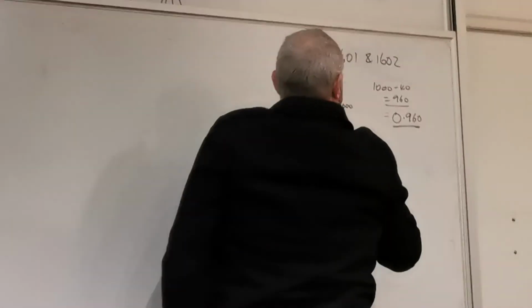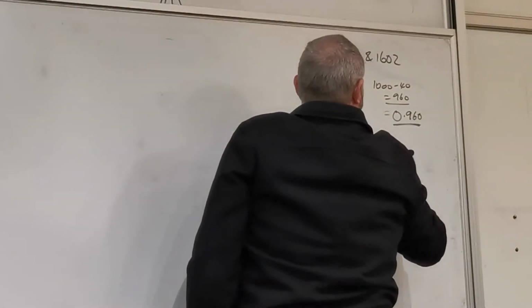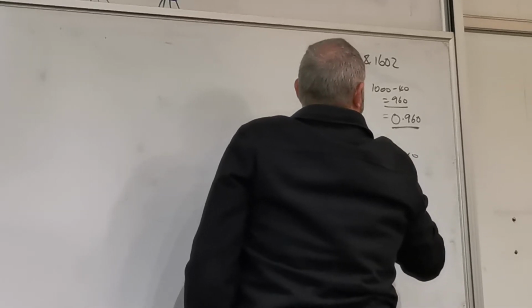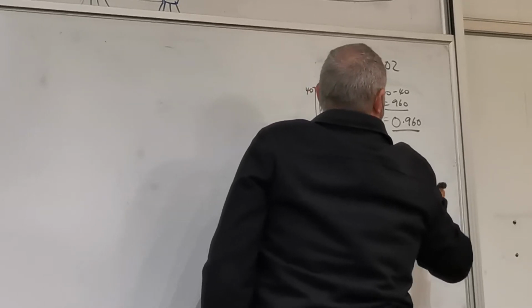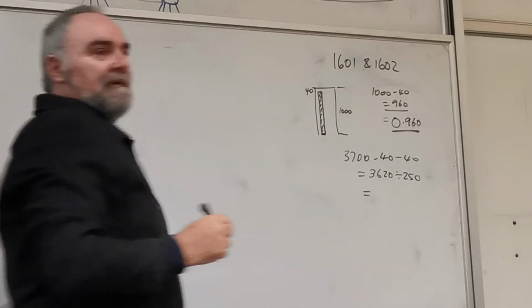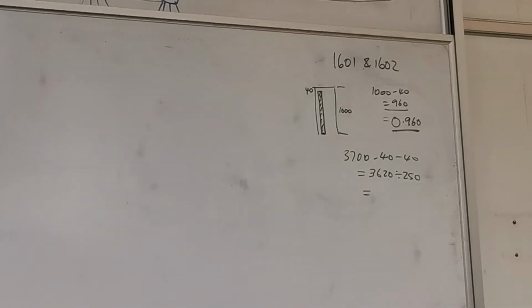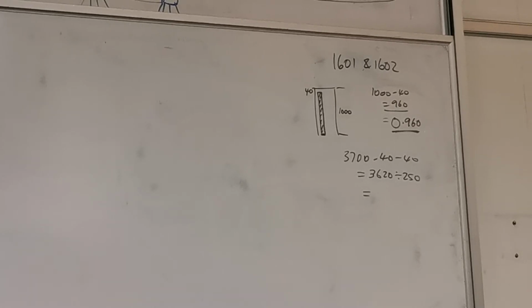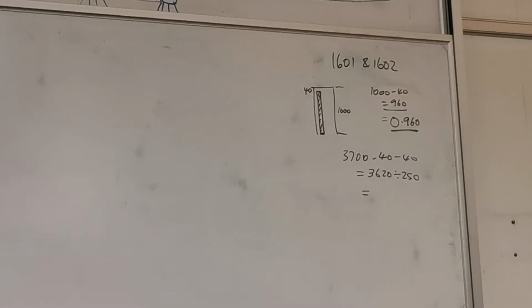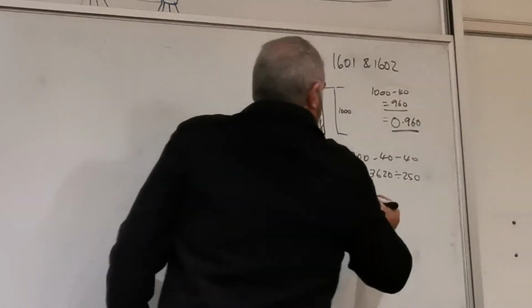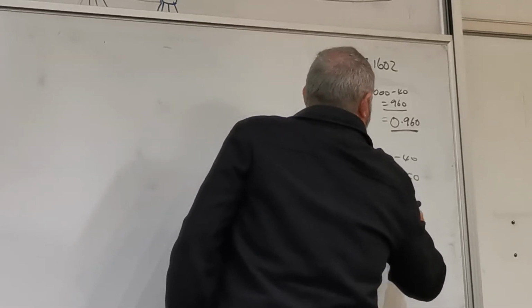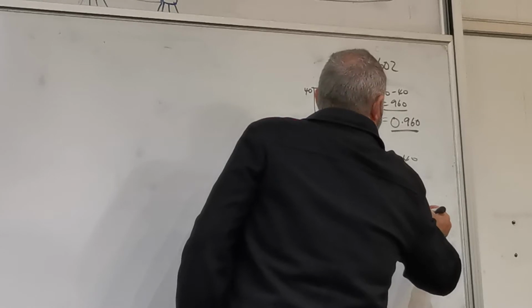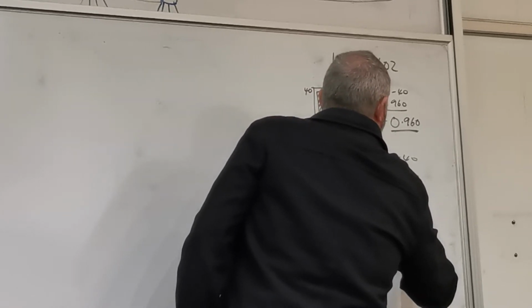So 3,700 minus 40 equals 3,620, divided by 250 equals 14.48, which equals 15 spaces, 16 bars, which equals 16 bars, right?